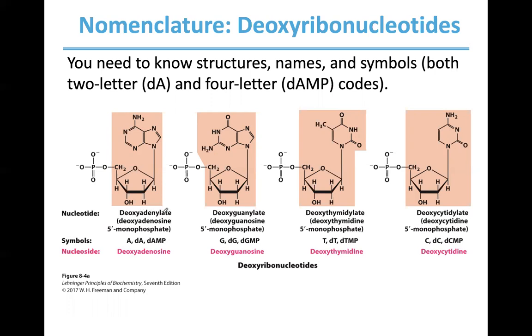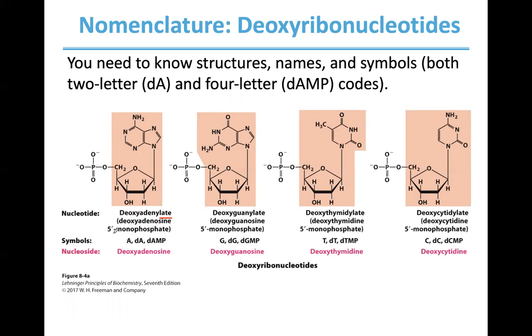Alternatively, remember, you can call this a nucleoside, but just add the phosphate. So there are two ways to name a nucleotide. You can name a nucleotide by itself, and then you will have to use the suffix ate. Or you can name the nucleoside and then add the phosphate to it. So in that case, it will be deoxyadenosine 5' monophosphate.